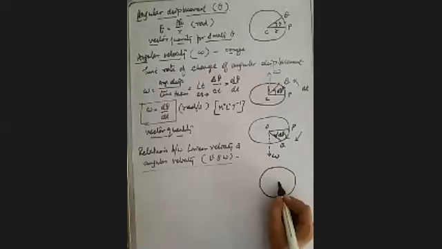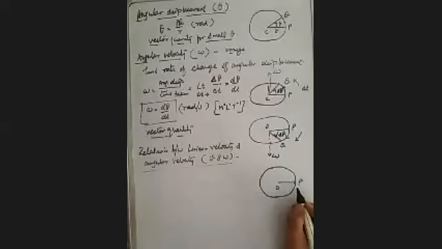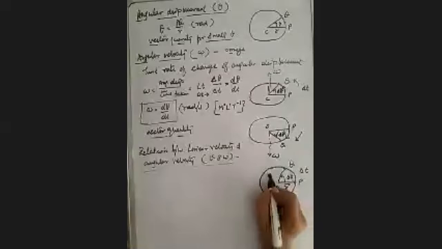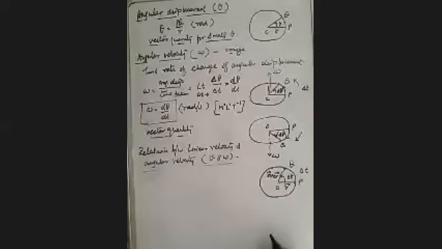O is the center. Let us say the particle is at P at any time t, and r is the radius vector, and it reaches a point Q after a small interval of time, say delta t, and the angular displacement is delta theta, and the radius vector now is r plus delta r. That is the position vector of the particle.